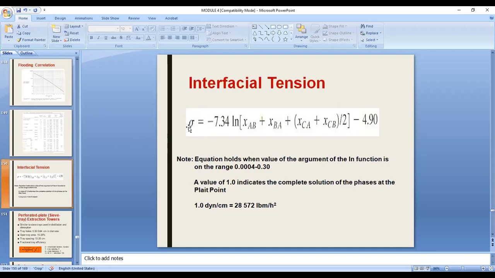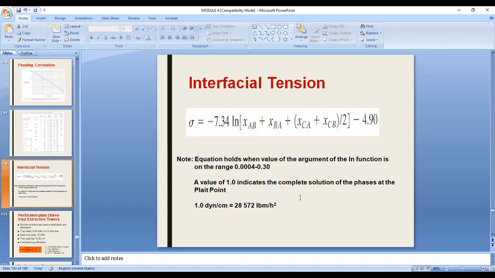Of course, it will not be suitable because this one is empirically determined as well. So it only works within this range because as per experiment, that's just how it goes. It will only work for this range of values for the argument of the ln. Now, a value of 1.0 for this indicates the complete solution of the phases at the plait point.